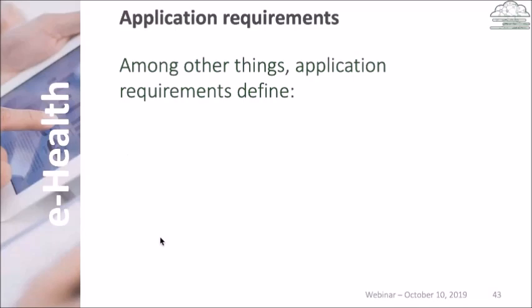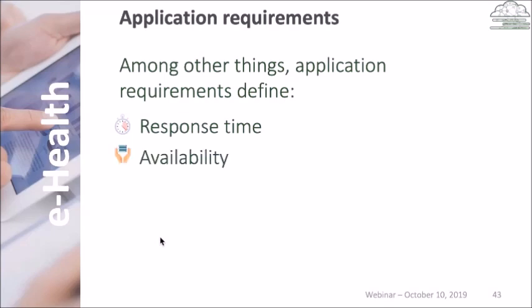Well, you find many aspects. Some of the most relevant ones are the response time, the expected response time for getting the data, other non-functional measurements such as the availability, security aspects, and many other functional and non-functional requirements that the application designer may have.